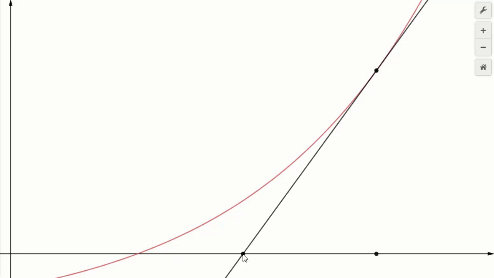From where our x1 value is, think about substituting that into the actual function, and now use that point on our graph as the new tangent point, the tangent point at x1. I'm spelling it out hopefully clearly enough. From that new tangent point, I'm going to put up the tangent line. This is the tangent line at x1.